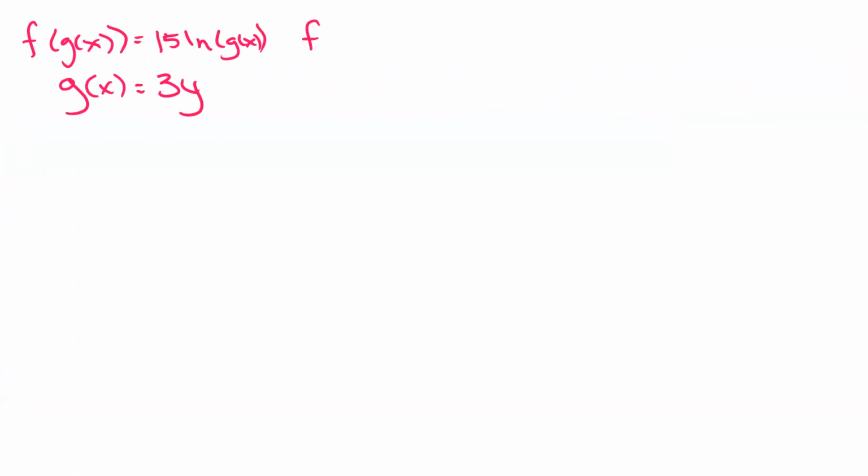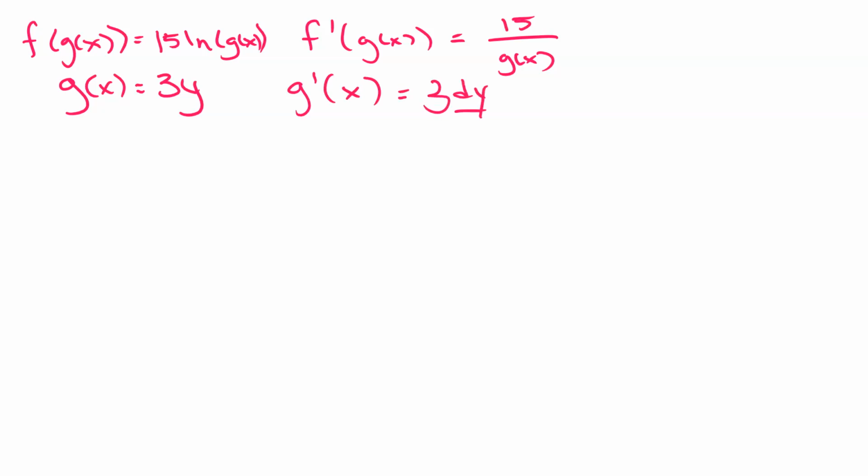All right, so derivative of the outside, the inside staying the same. 15 over g of x. Derivative of g of x, we have 3. We did the derivative with a y expression, so dy dx. The overall derivative is the derivative of the outside, the inside staying the same, times the derivative of the inside.